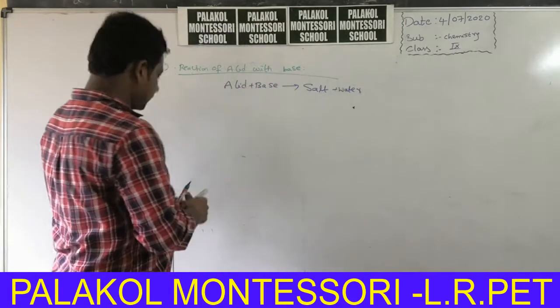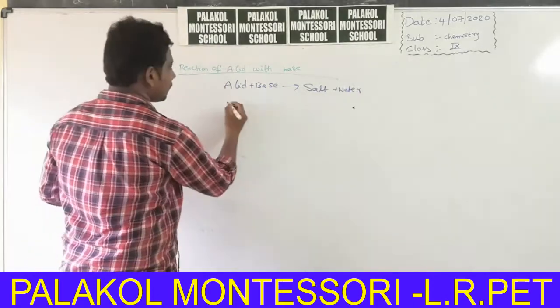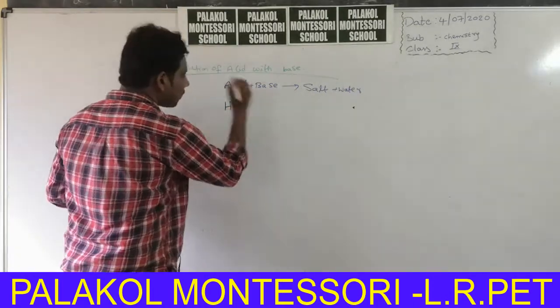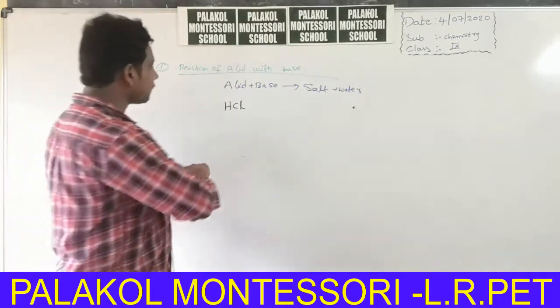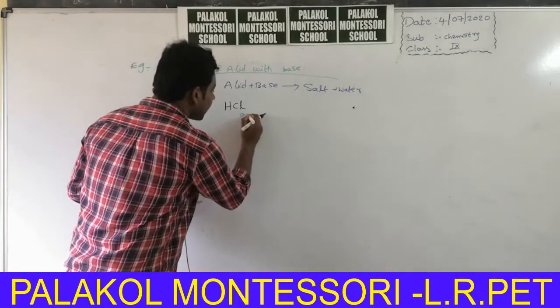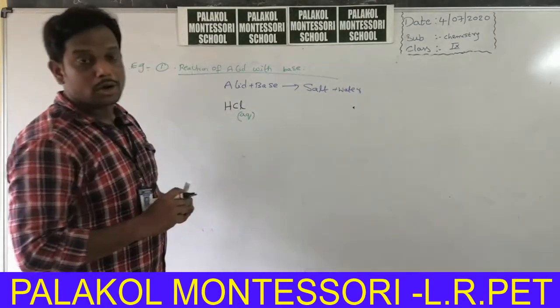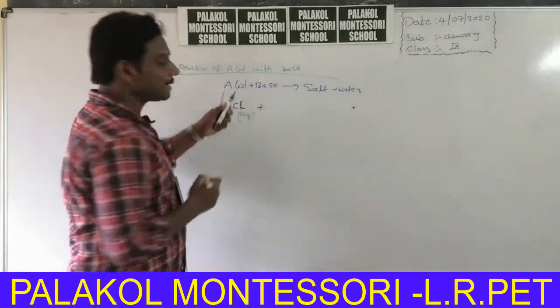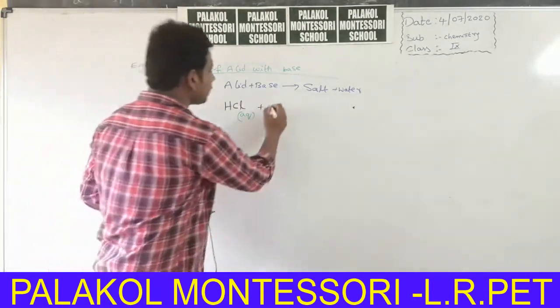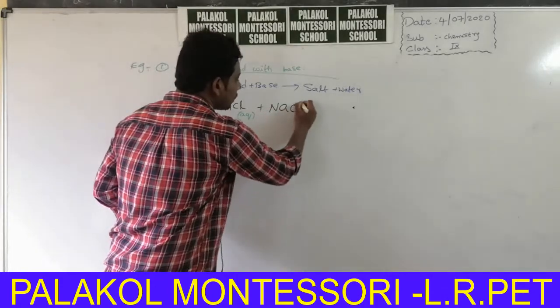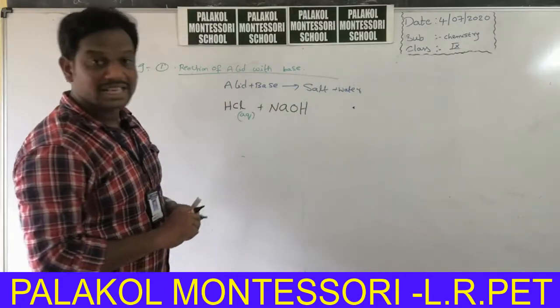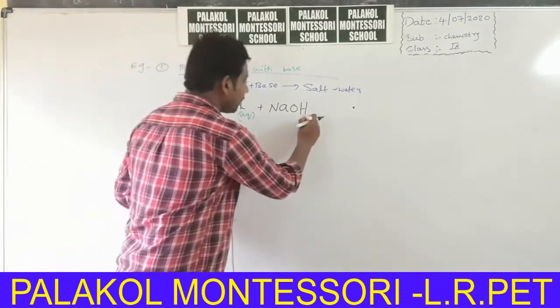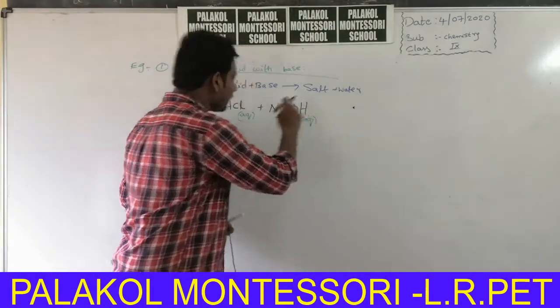So I will write an example. Take an example of acid as hydrochloric acid, HCl, which is present in aqueous state. That means hydrochloric acid dissolved in water, we get aqueous. Okay, base example, sodium hydroxide, NaOH. It is also present in liquid form along with water, so aqueous.